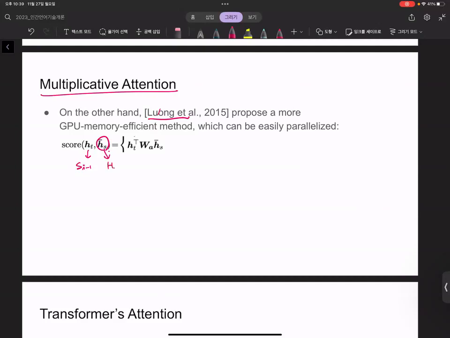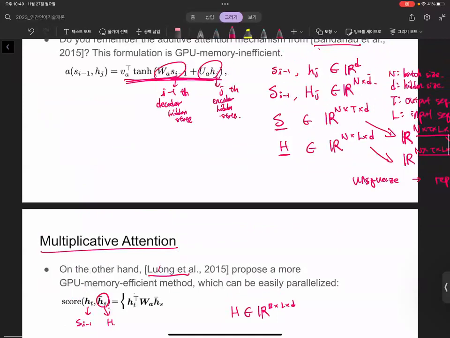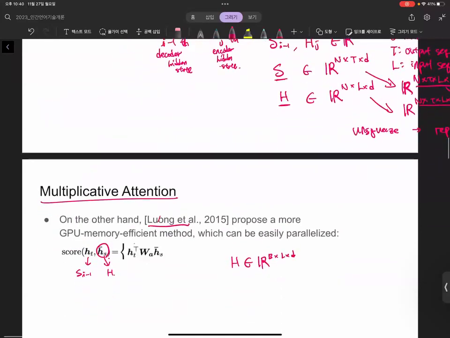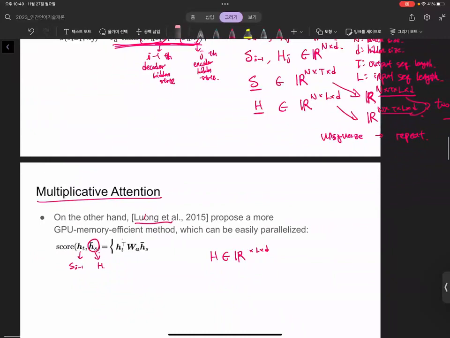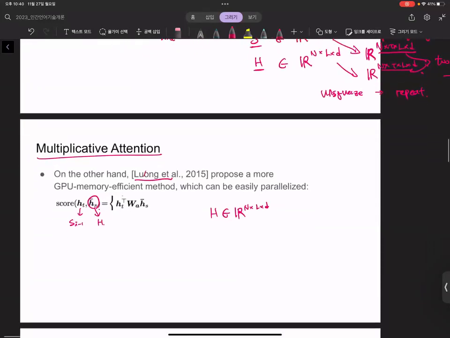This is H. So H is n by L by d. And W_a is d by d.